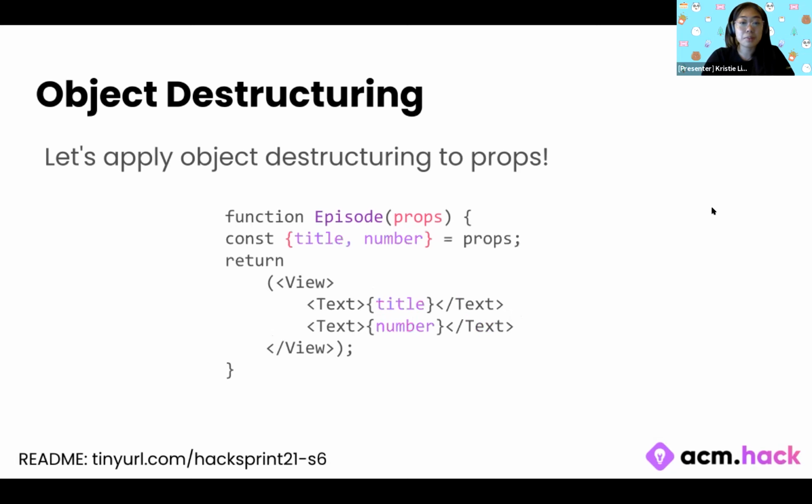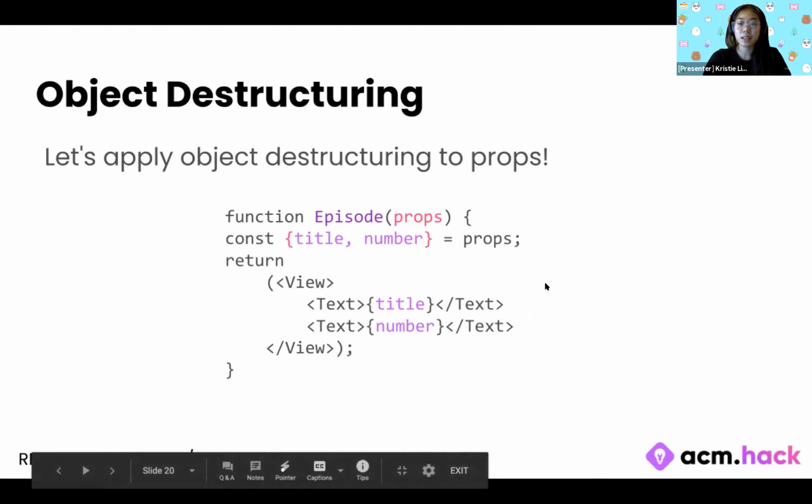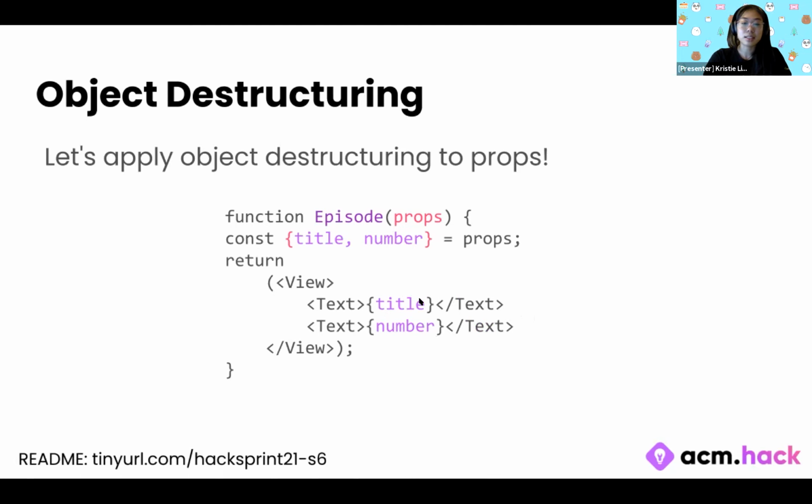But if we apply object destructuring to it, instead of props.title, we can just use title if we save it into a variable. This can be useful, especially if you have title in a lot of places inside your component. Or you could have just props.title everywhere, but just to be a little bit shorter, you just put title.